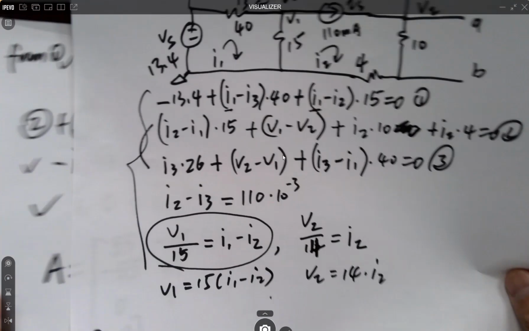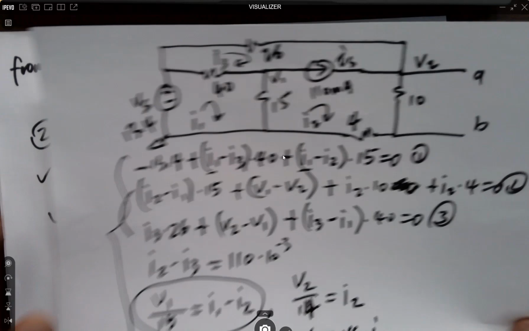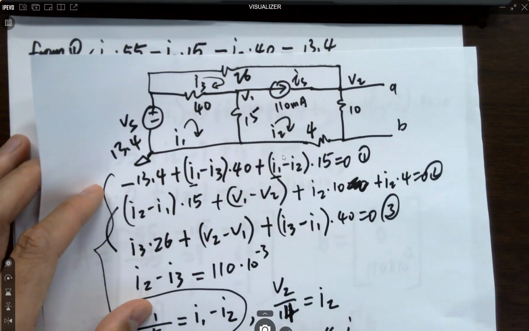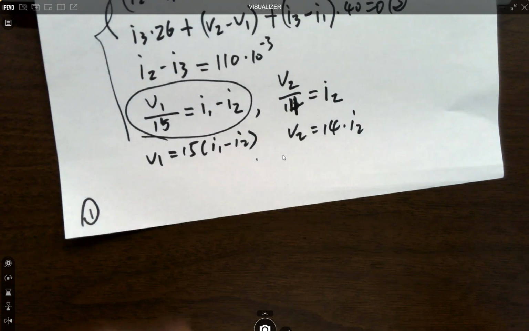So all the currents are calculated. So you can easily find out V2 by doing I2 times 10 and I2 times 14.